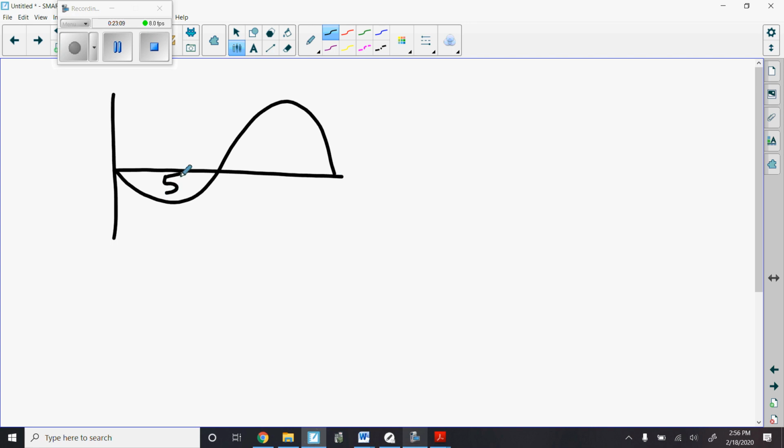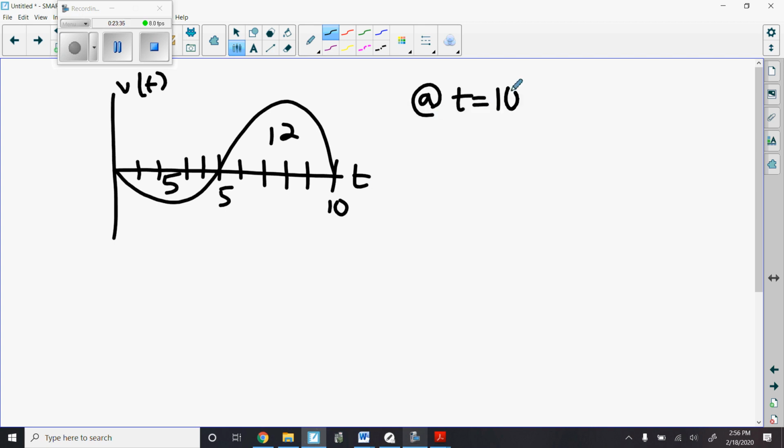So this is an area of 5. This is an area of 12. 1, 2, 3, 4, 5, 6, 7, 8, 9, 10. So this is a graph of v of t. Now, what they might say is at t equals 10, x equals 4.